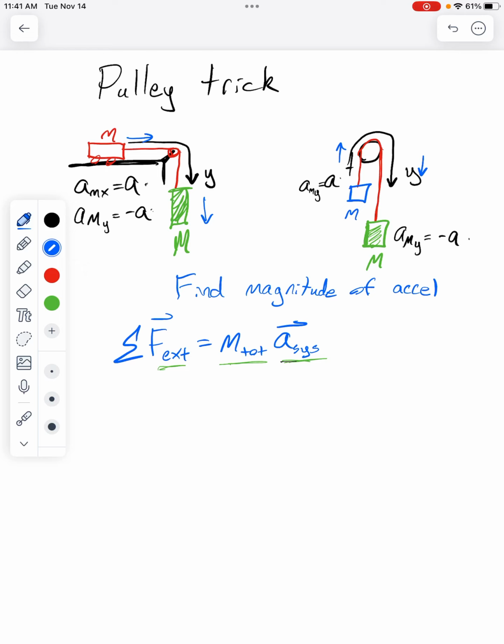It comes from the fact that our motion is still linear, right? Every time big M moves down a little bit, little m moves, in this problem, to the right by the same amount, and this one moves up the same amount. These aren't actually independent coordinates. So, if we look at the standard Atwood, the one on the right, we only have forces in the y direction.